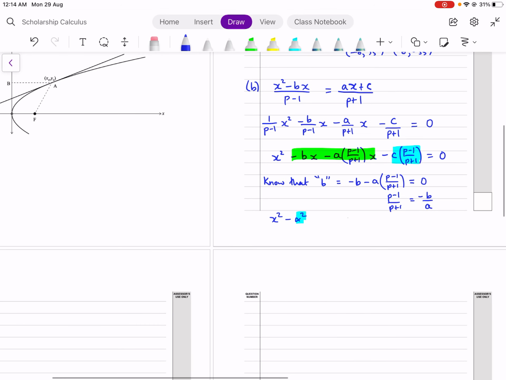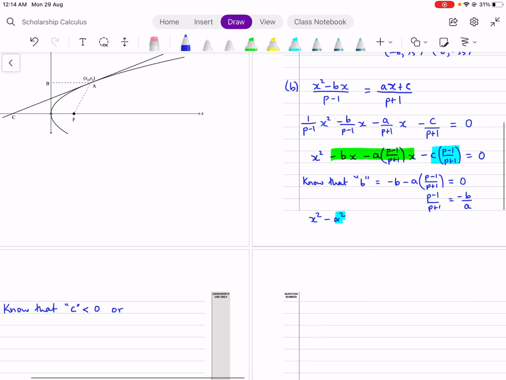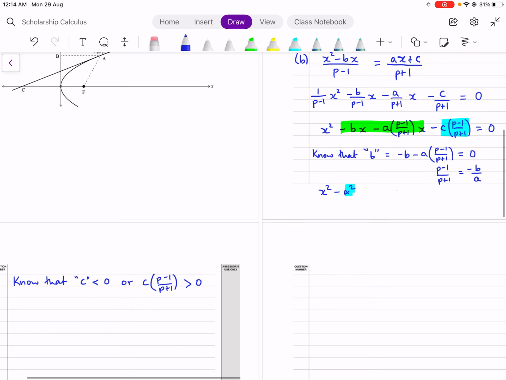So we also know that the c, last term, is a negative number because it's already got a minus in front of it. That tells us that c times (p minus 1) over (p plus 1) must be greater than 0. It can't be equal to 0 because that would be roots of 0.